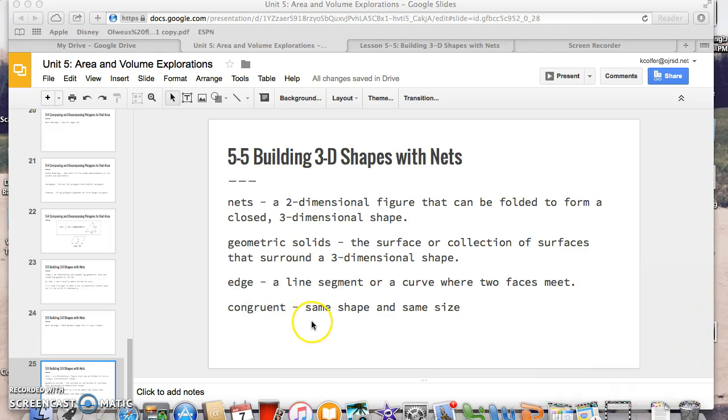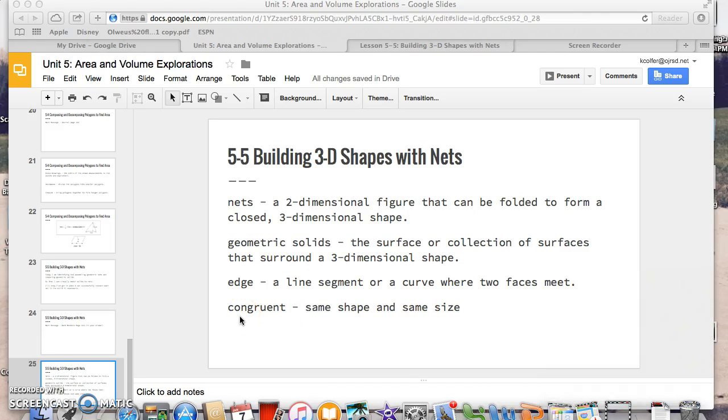We describe things as congruent whenever we have the same shape and the same size. You'll notice that the faces of your cube are all congruent, which brings them together to form that cube for us. All of the angles were the same, all of the side lengths were the same, and it easily brought them together.